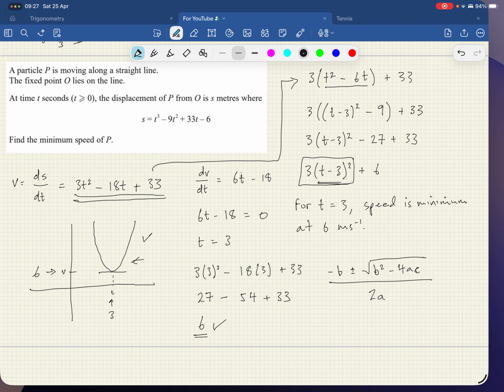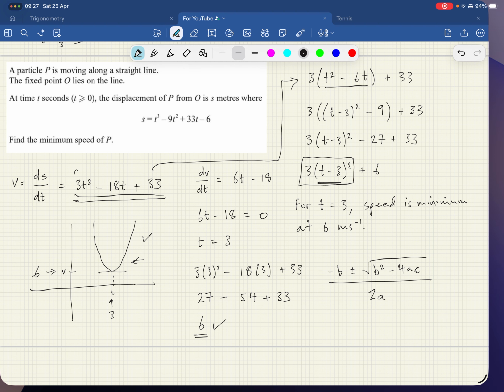It kind of discriminates between a function that has real roots and a function that only has complex roots. So if b squared minus 4ac is less than 0, then you're not going to get any solutions for it. So you could, I suppose, calculate what b squared minus 4ac is.